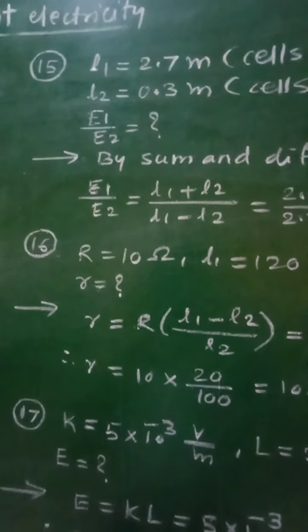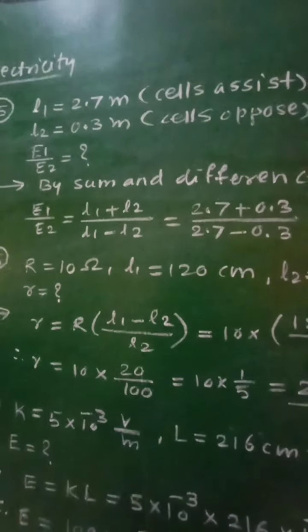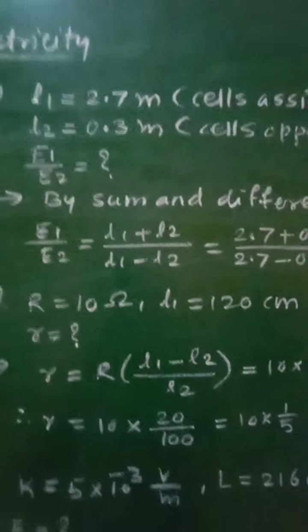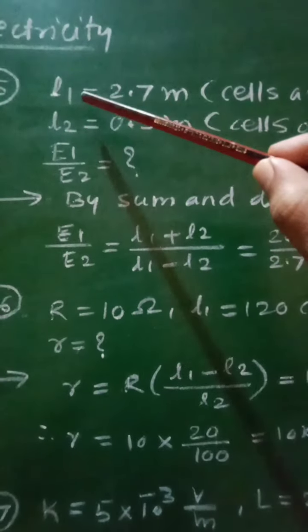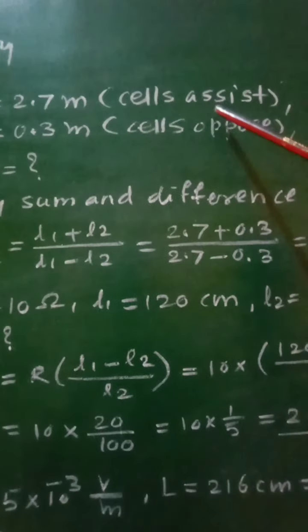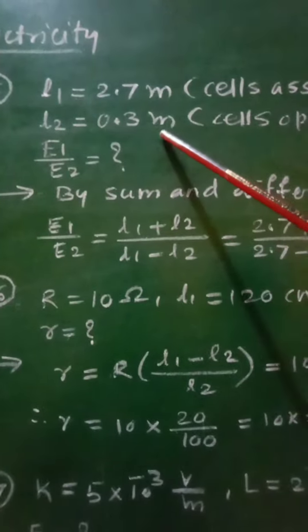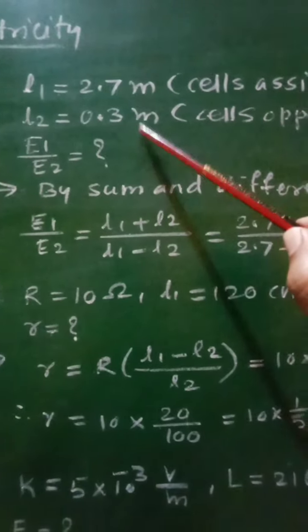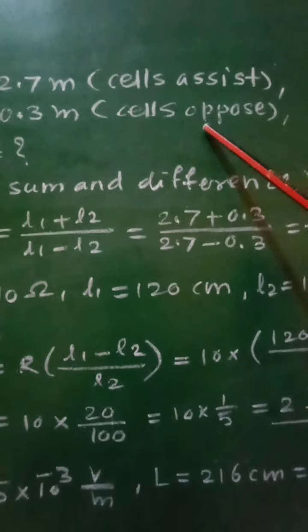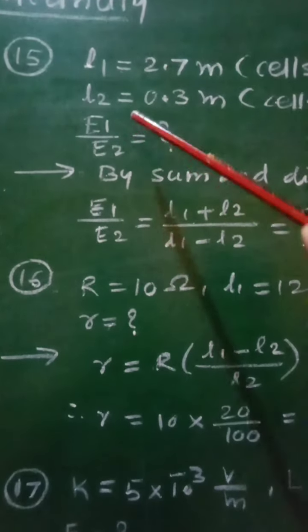Now we have to compare the EMFs of two given cells, and therefore for this numerical the given data is balancing length L1 equal to 2.7 meter when the cells assist, L2 equal to 0.3 meter, the second balancing length when the cells oppose. And then we have to find out the ratio E1 by E2.